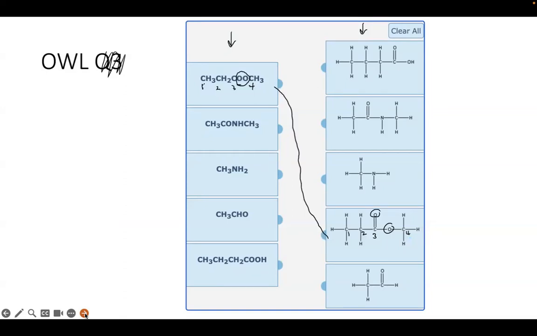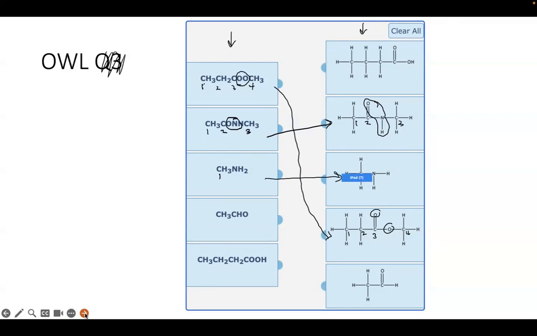All right, so this next one here is 1, 2 with an oxygen and a nitrogen between, and then 3. I see that one as there. So I have 1, 2, here's my oxygen and nitrogen between, and then 3. Here we just have 1 carbon and then a nitrogen group.